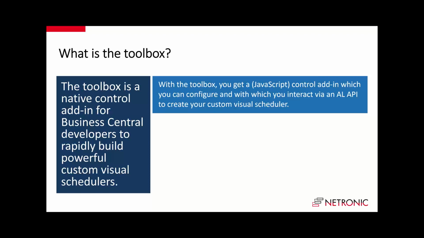So although the visual scheduler that you build renders in JavaScript and uses a lot of HTML5 and CSS, you don't need to take care of all of this HTML, JavaScript, and CSS stuff. This happens within the control add-in, but you interact with it via an API that is in AL, so that you can make this part of your extension.